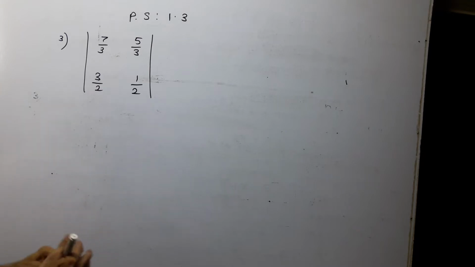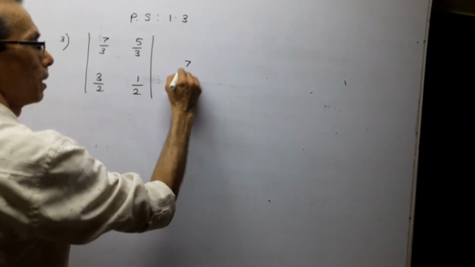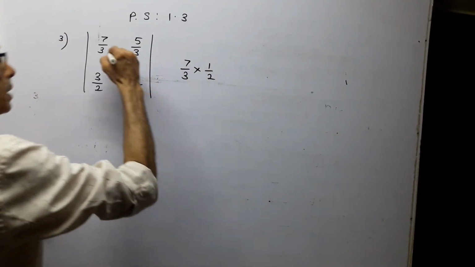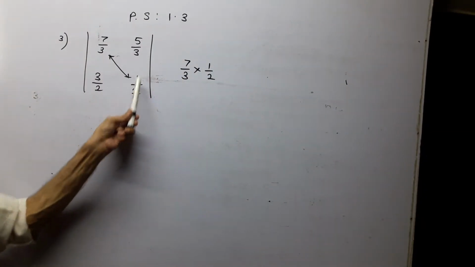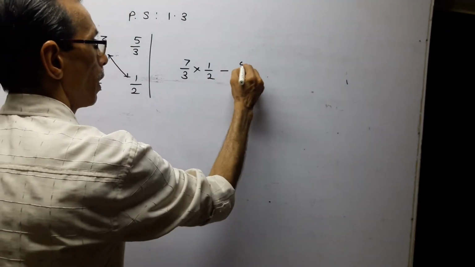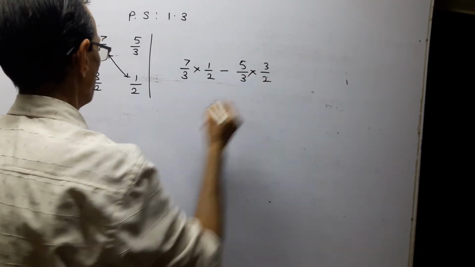We have to take the product diagonally, 7 upon 3 into 1 upon 2. See, take the product this way first: 7 upon 3 into 1 upon 2 minus 5 upon 3 into 3 upon 2.